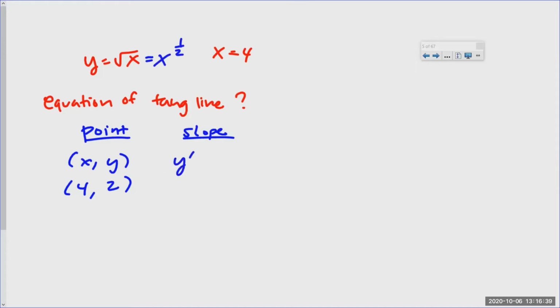So the slope of the tangent line is really the derivative of y. So let's do the derivative. It's 1/2 x to the negative 1/2, okay? But what you want to do is get this in number form, and you can't plug it in unless you simplify it. So no negative exponents. And this is really the same as 1 over 2 square root of x, okay?